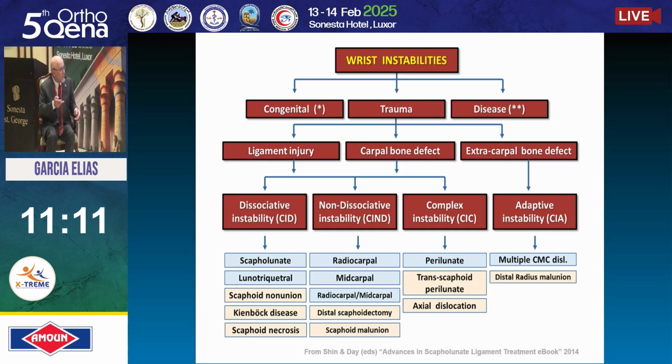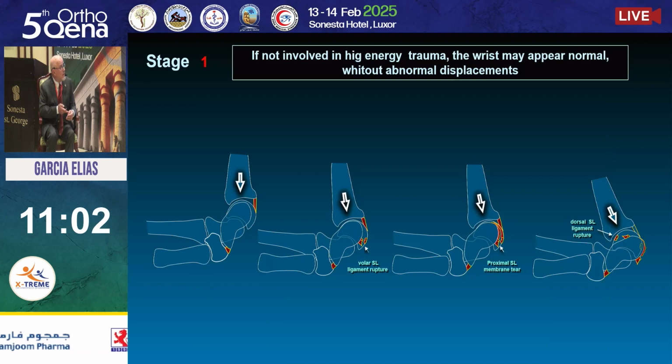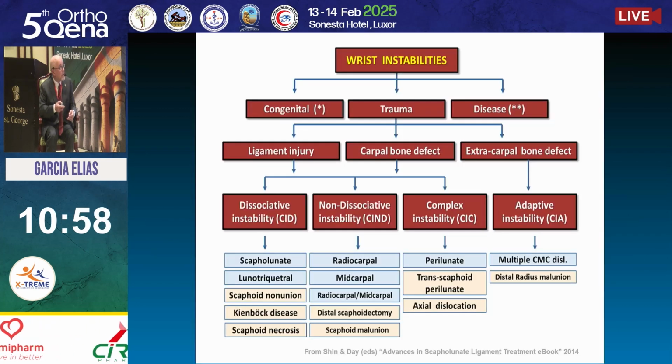So, as you can see, there are many instability problems in the wrist. Some of them can be congenital, can be trauma related, can be disease related instabilities. Doesn't mean that all of those need to be treated equally.